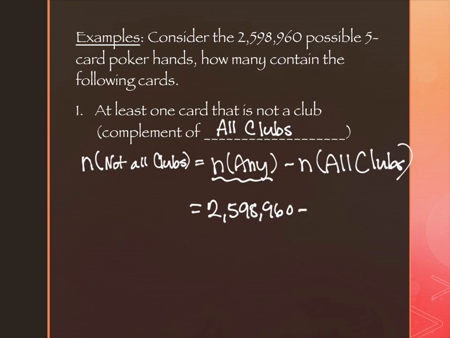How do we get all clubs? Well, you know, we did it, but we did it for diamonds. How many clubs are there? 13. How many do I need to create if I'm creating a 5-card hand? 5. I need to select all 5 of them if I'm creating a 5-card hand. But I know how to do 13C5. I've already done it today, and so have you.